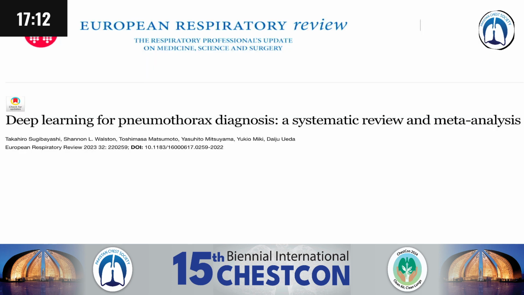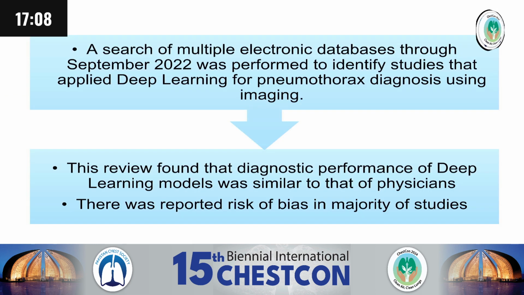This is a meta-analysis that came out last year, and basically it found that the diagnostic performance of deep learning models was similar to that of physicians, but there were reports of bias in this study.